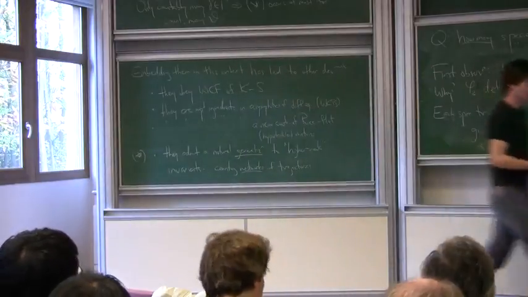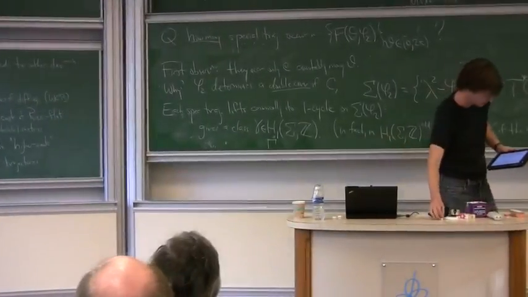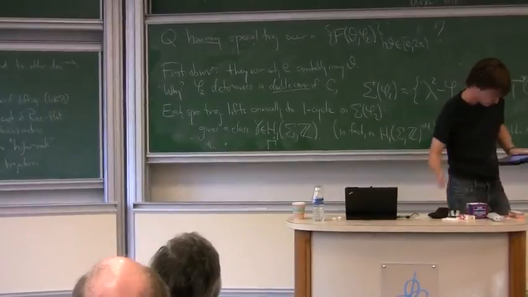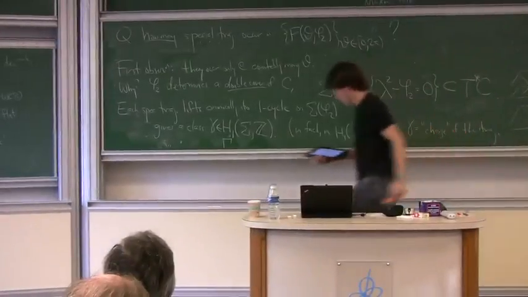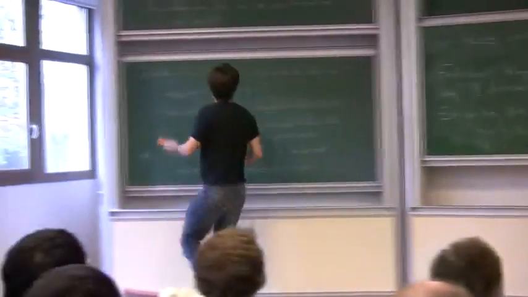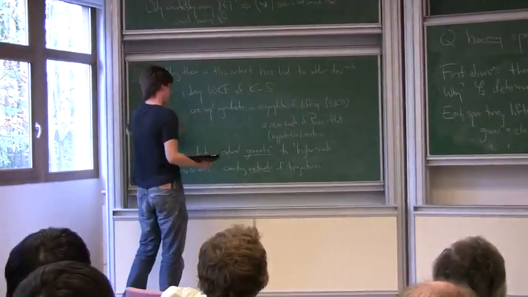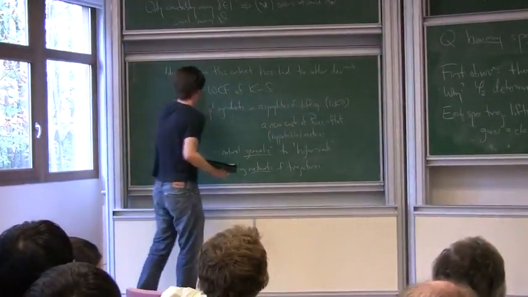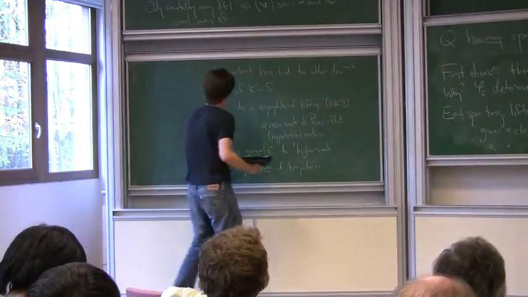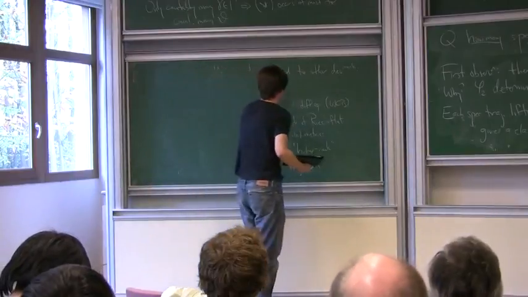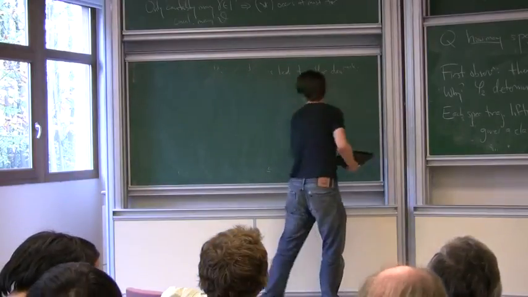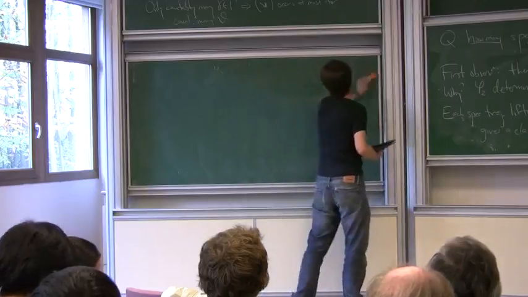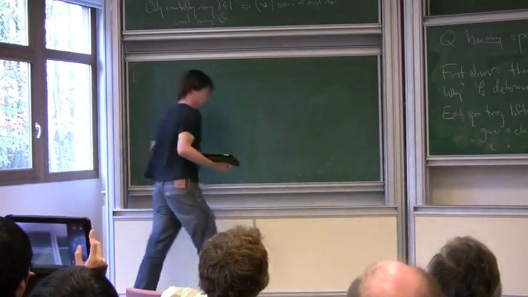Okay, so now I want to define the actual invariants. But I have to do a sort of unpleasant technical thing, something I don't like to do, which is I have to restrict the generality of this story.